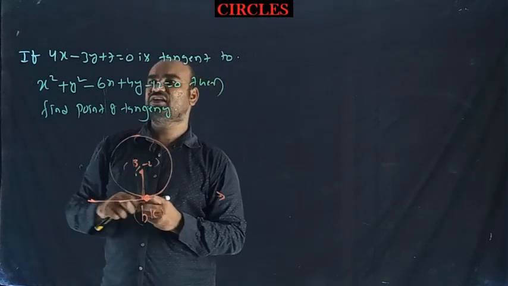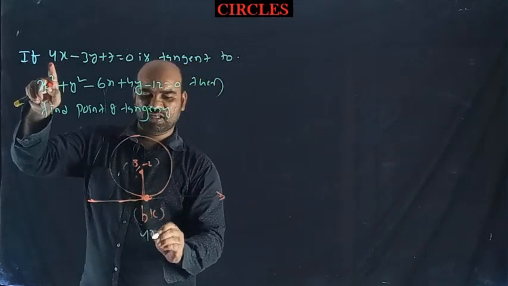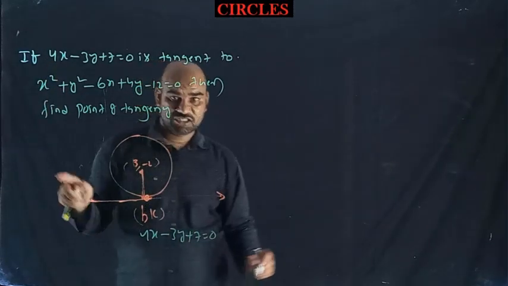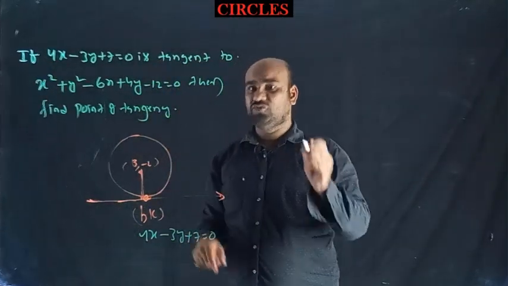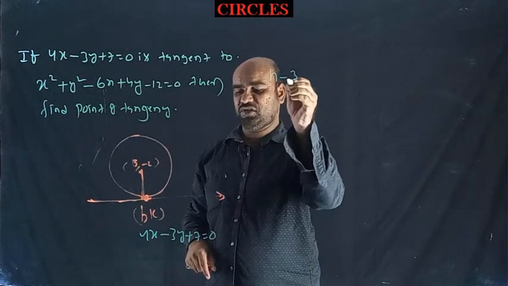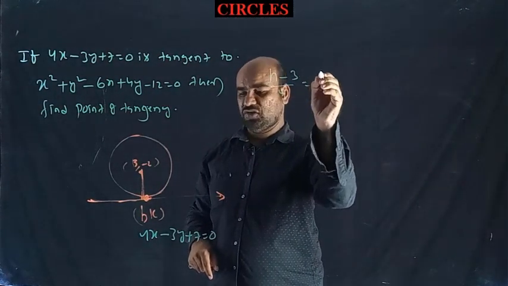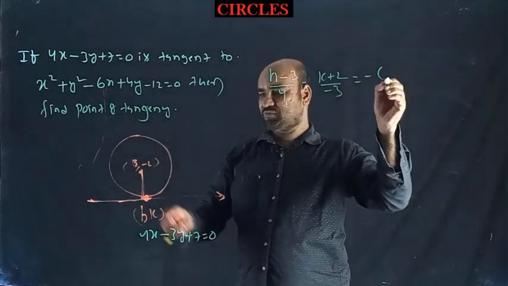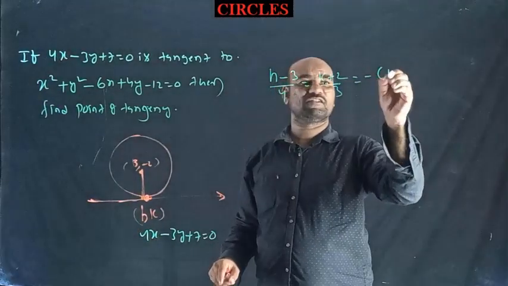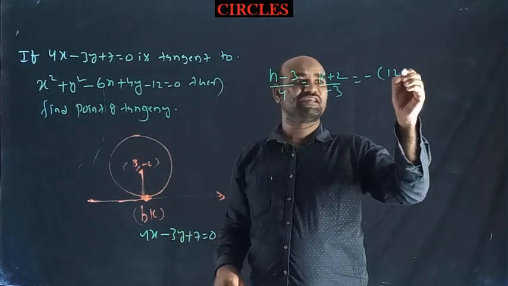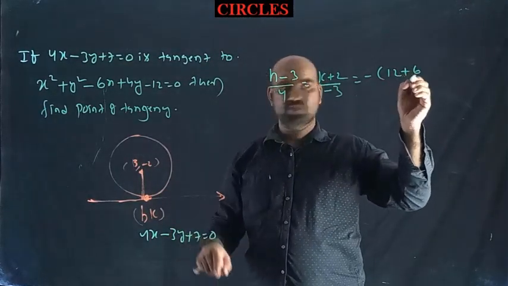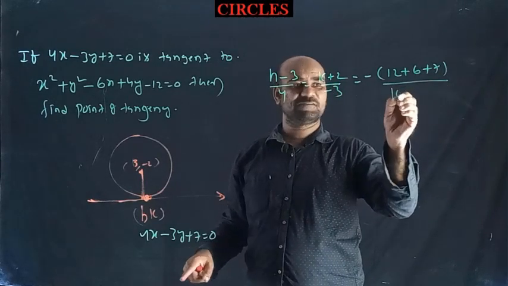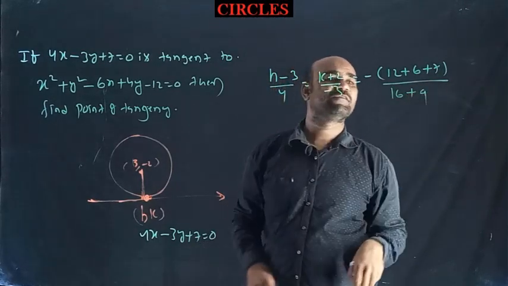So what is given? The equation of the tangent is given as 4x minus 3y plus 7 equal to 0. Just now I explained the formula. Foot: (h minus 3) by 4 equals (k plus 2) by minus 3 equals minus times (12 plus 6 plus 7) by (a square 16 plus b square 9).